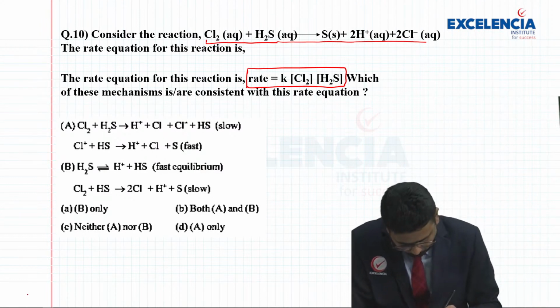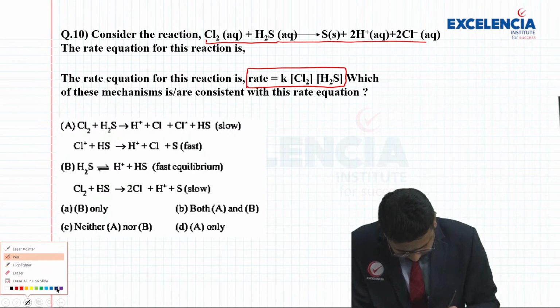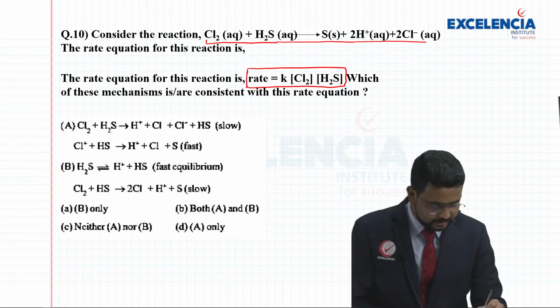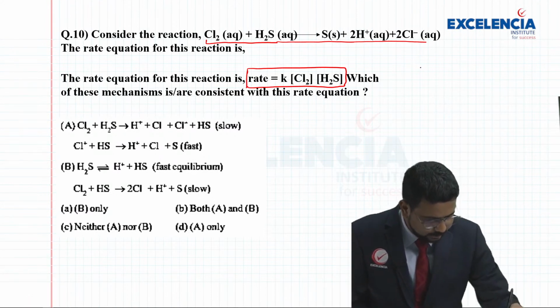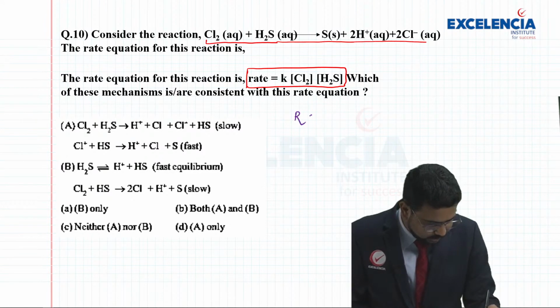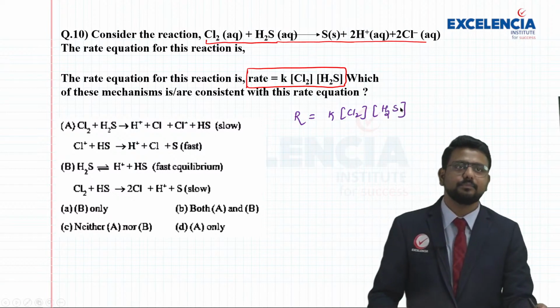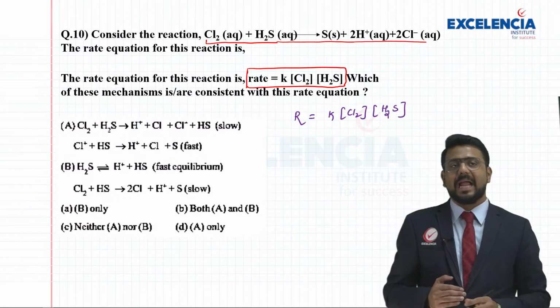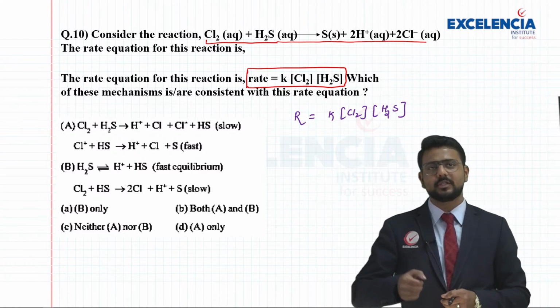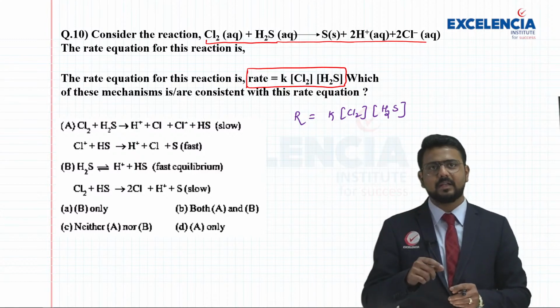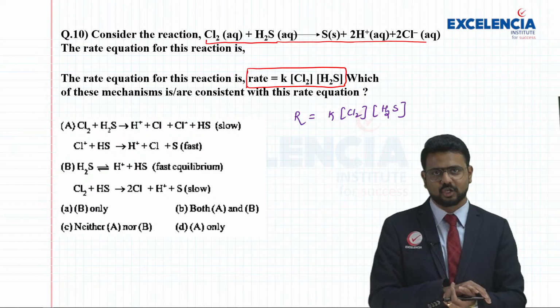Now, first and foremost, it is given to you as a complex reaction and its rate expression is nothing but this one. So, rate is equal to K times concentration of Cl2 times concentration of H2S. So, when we look at the mechanism, we must find the slow step of the mechanism and correlate that with the rate equation.